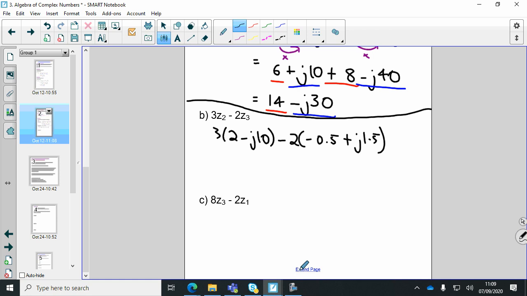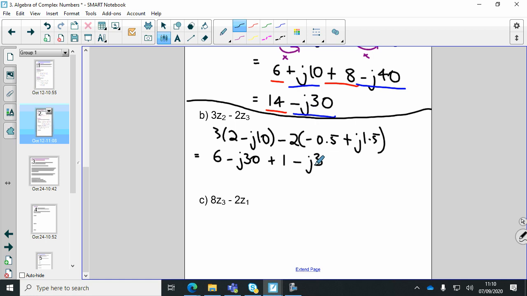So multiply these out again. So 3 times 2 is 6. 3 times minus 10 is minus 30. And then we've got minus 2 times minus 0.5, 2 minuses making a plus 1. And then minus 2 times J1.5. So that is minus J3.